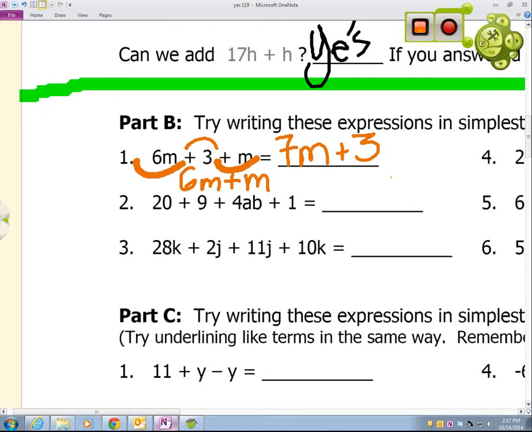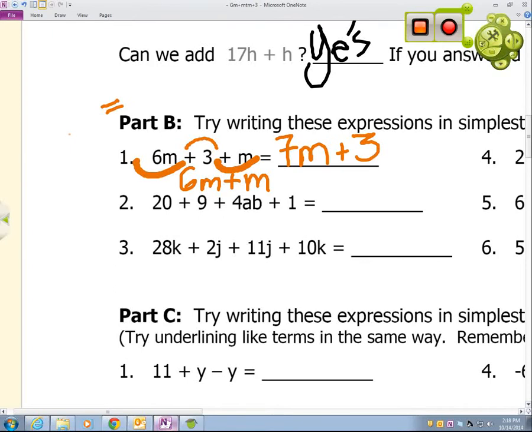When you have 3m, that actually equals 3 times m. Okay? That actually equals 3 times m. Let's just put it into these terms.